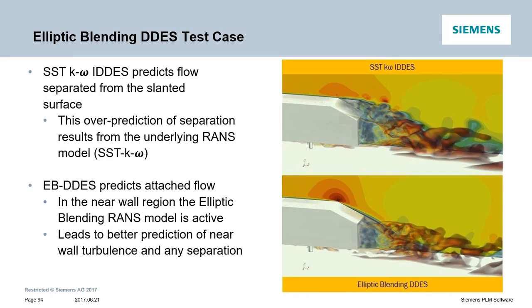EB DDES predicts attached flow as expected from our earlier discussion, since it captures the near wall flow better. And obviously this overprediction of separation in SST IDDES can be attributed to the underlying RANS model, which is SST.